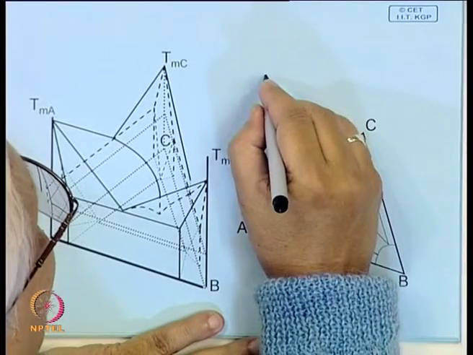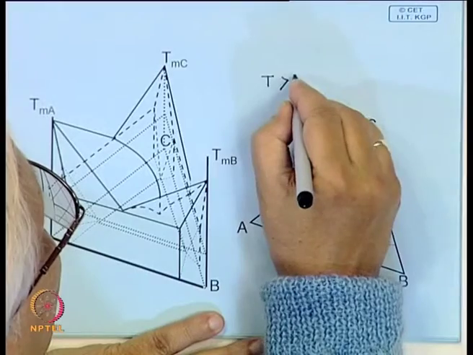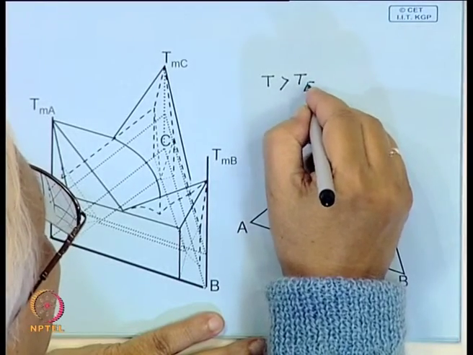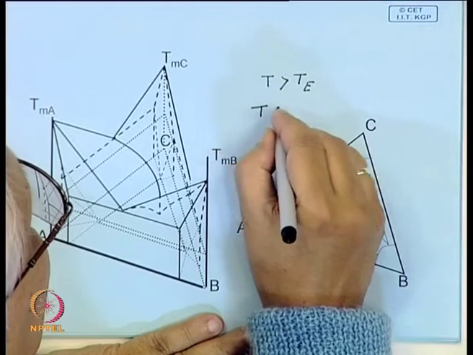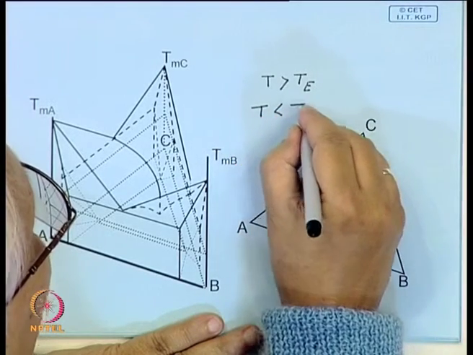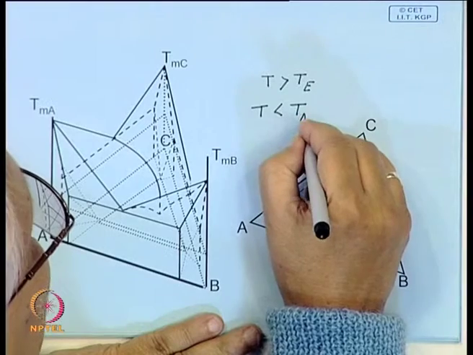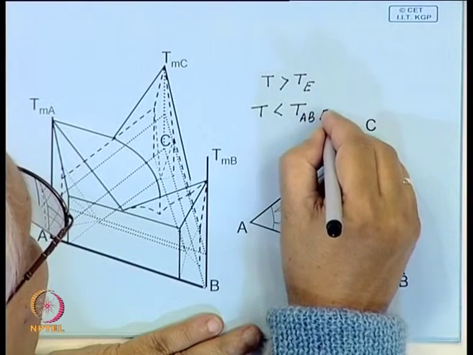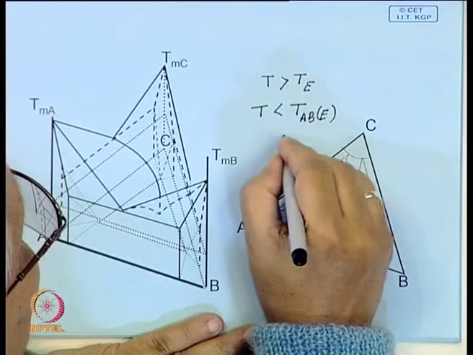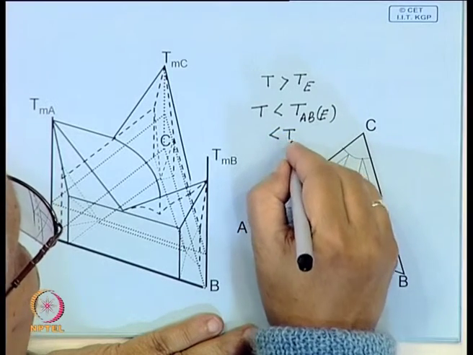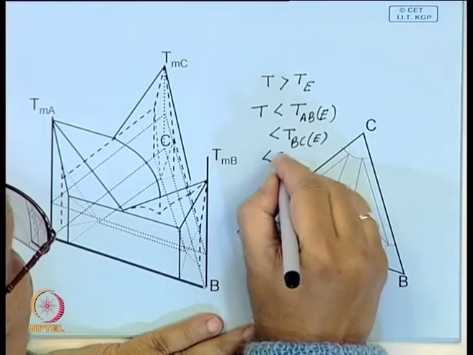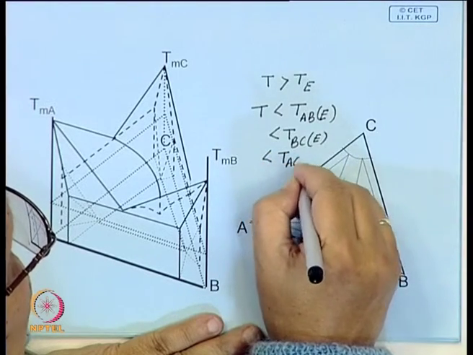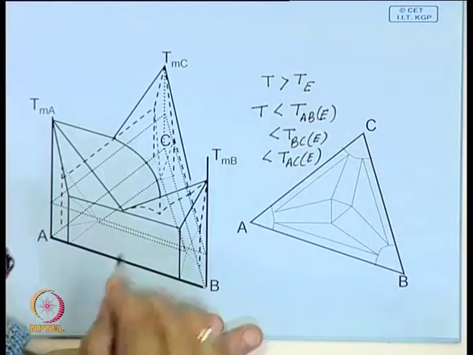Say the temperature is a little greater than the ternary eutectic, but less than each of these binary eutectics, say the A B eutectic, or less than the B C eutectic, less than the A C eutectic temperature.